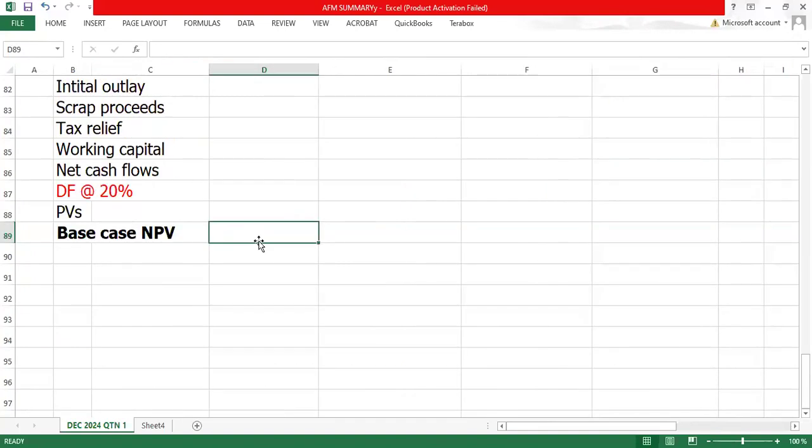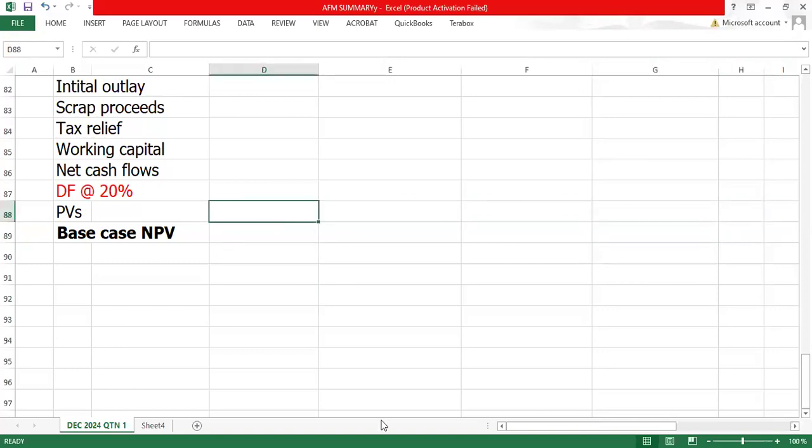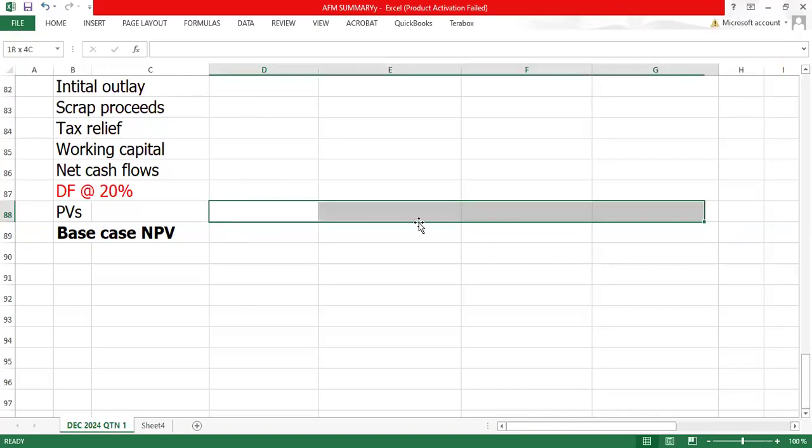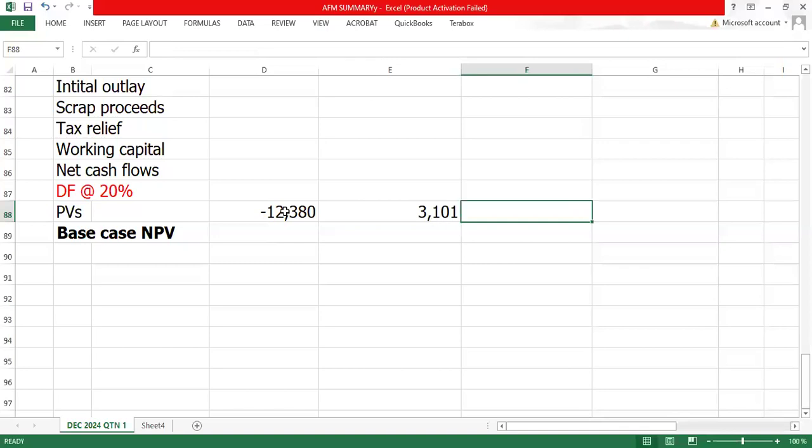So the base case NPV, you add all the PVs from year 0 to year 6. You will have this one as negative 12,360. Then here, after putting everything, you will have 2,510.